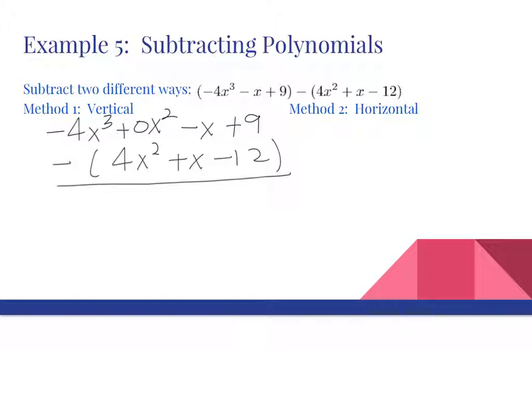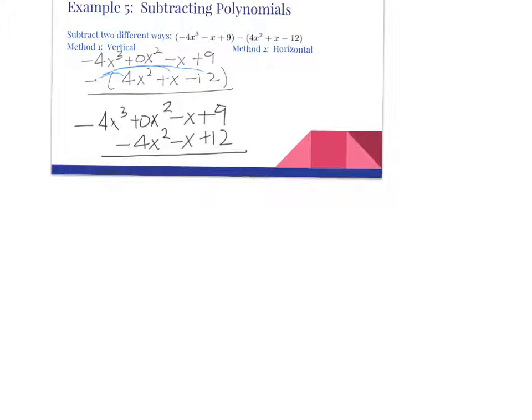The next thing I want to do is distribute that negative sign to each of the 3 terms inside the parentheses. So distributing, I end up with, in the bottom row, negative 4x squared minus x plus 12, because I changed the sign distributing the negative. Now I'm just going to add.